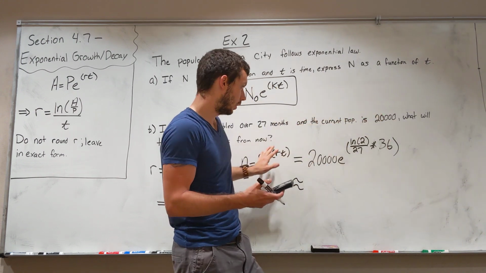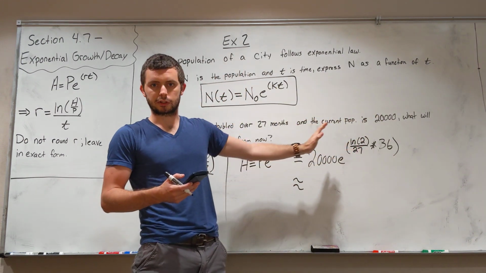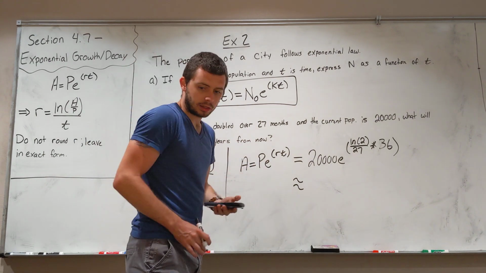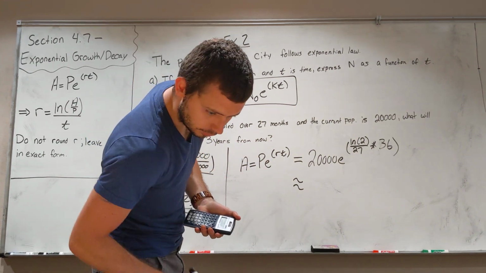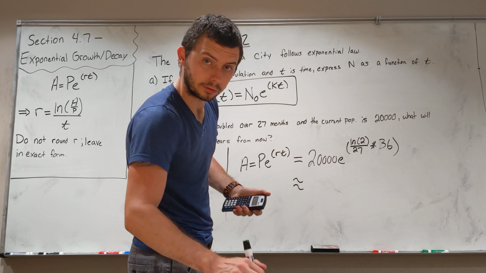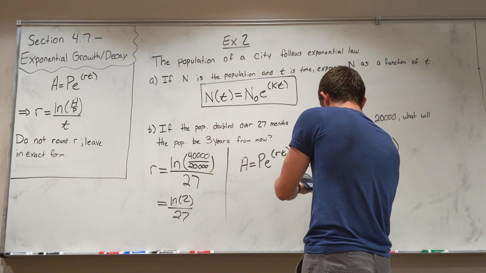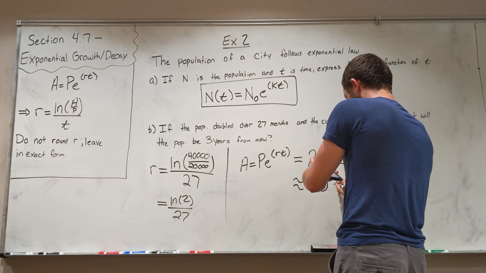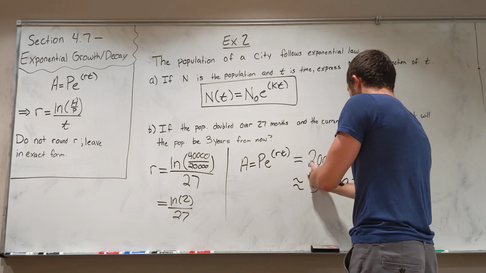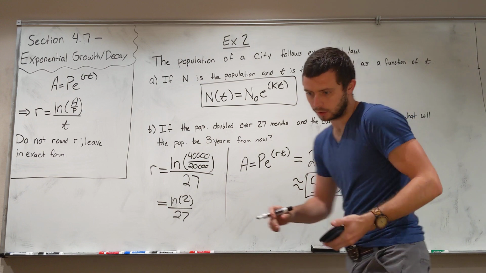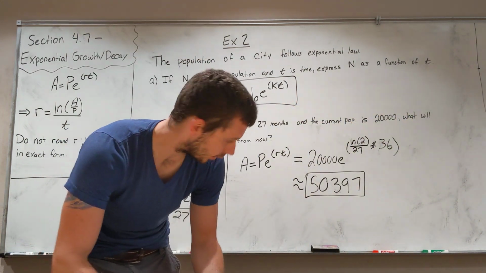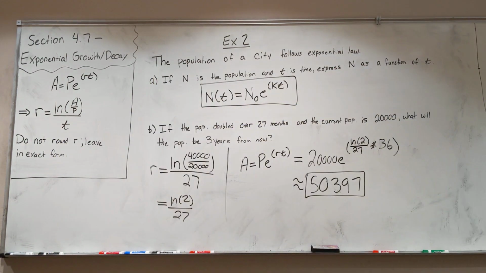As long as you follow all of these, order of operations will be done for you, and you should get, it does say round to the nearest whole number, so you will get, looks like 50,397. Let's make sure that that is the correct answer. Yes, so that would be part B.